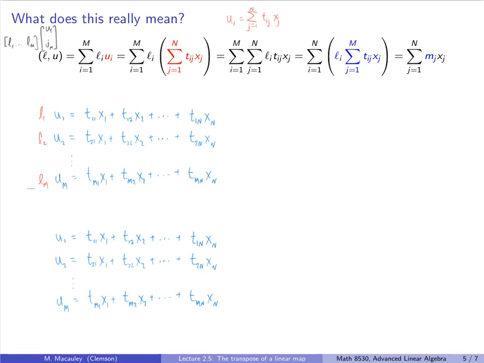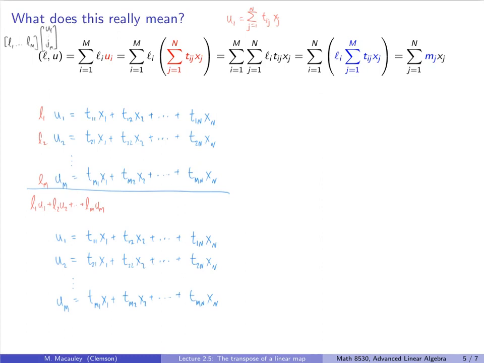If I add this up, then what I get here is L1 u1 plus L2 u2 plus Lm um right here.